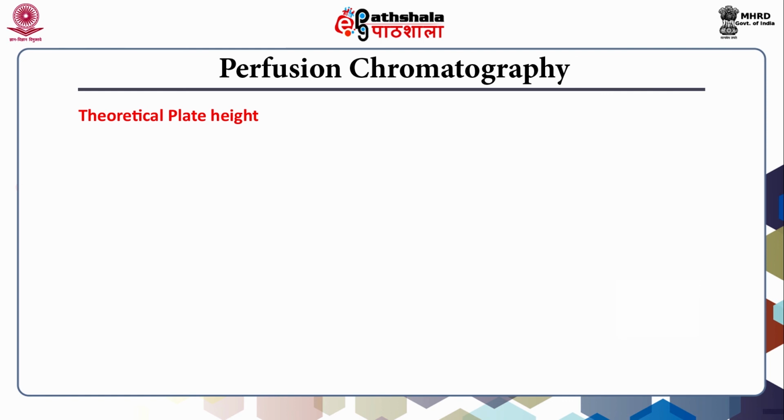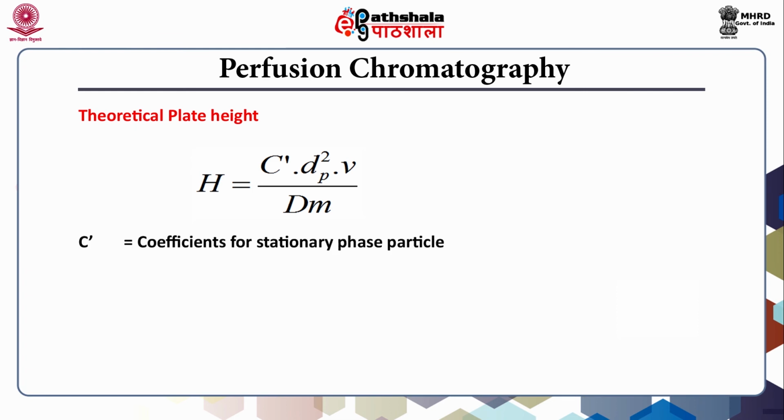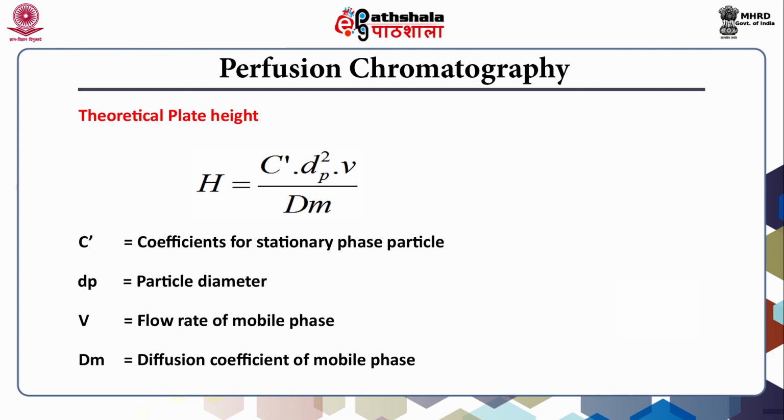In this mathematical expression, H equals C prime multiplied by dP square multiplied by flow rate of the mobile phase and divided by the diffusion coefficient of the mobile phase. C prime is the coefficient of the stationary phase particles, and dP is the particle diameter. So, basically what we need to understand here is that the theoretical plate height is inversely proportional to the diffusion coefficient of the mobile phase. Let us see in the coming slides how it is mathematically related.